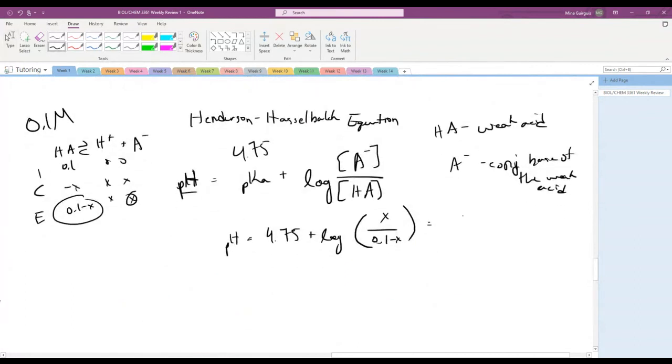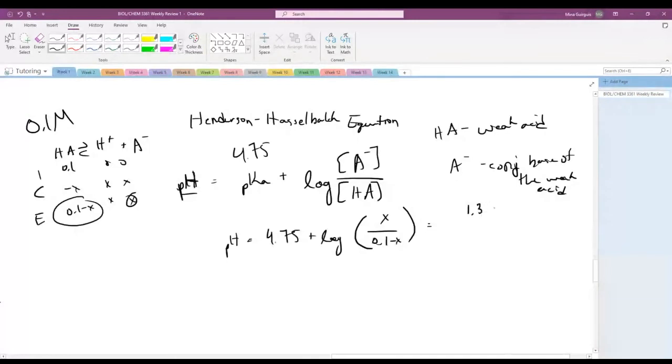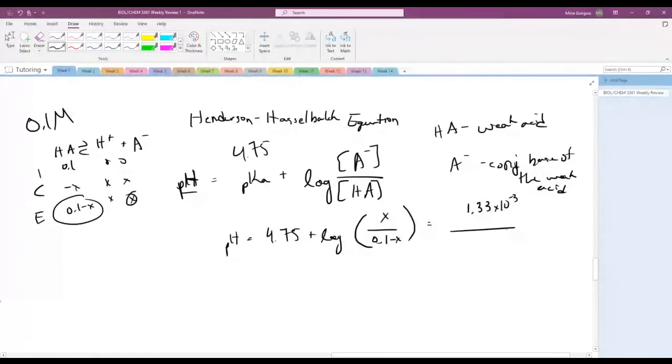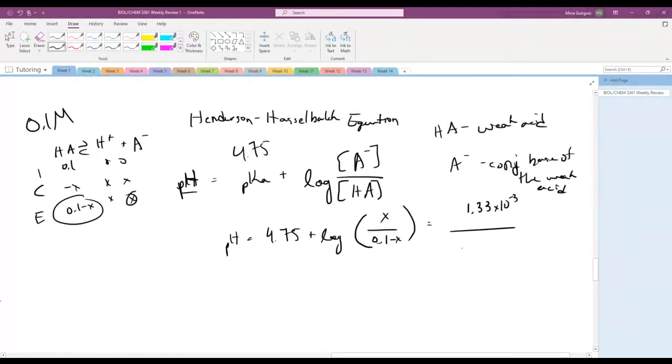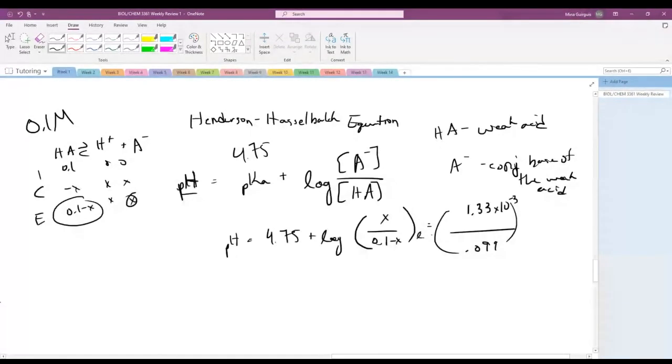So x is 1.33 times 10 to the negative third. 0.1 minus that is 0.099. And we're going to put that in the log.